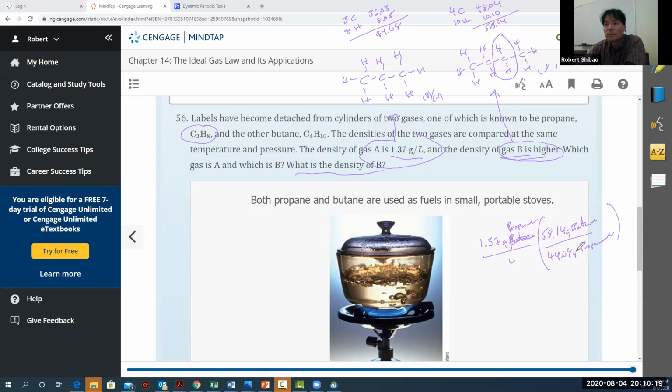And so the grams of propane cancel, and that leaves us with grams of butane. And so I would do 1.37 times 58.14 divided by 44.08, which gives us 1.80. So butane is obviously heavier, 1.806 grams per liter.